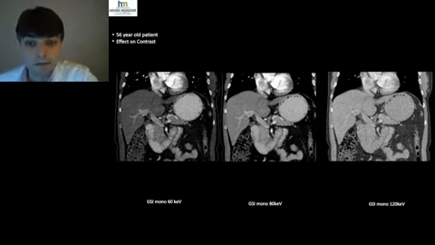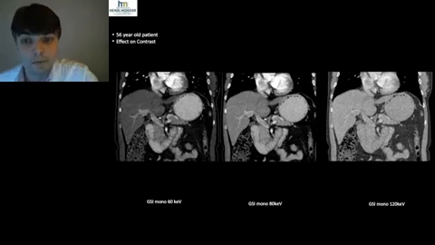Now look at the arterial phase showing how you can gain contrast within an artery, within the hepatic artery here, that you can actually very much better see than on the 120 kV. So yes, you can use spectral imaging to improve contrast based on low energy reconstructions, low kV reconstructions.